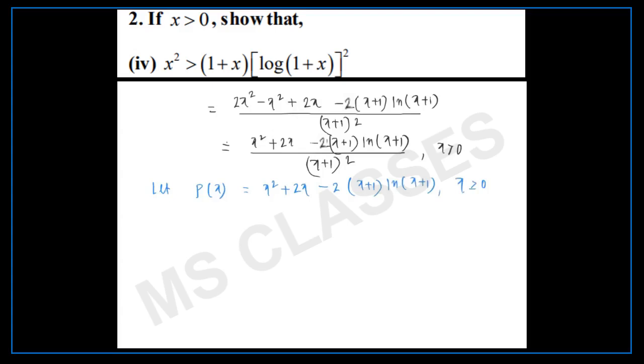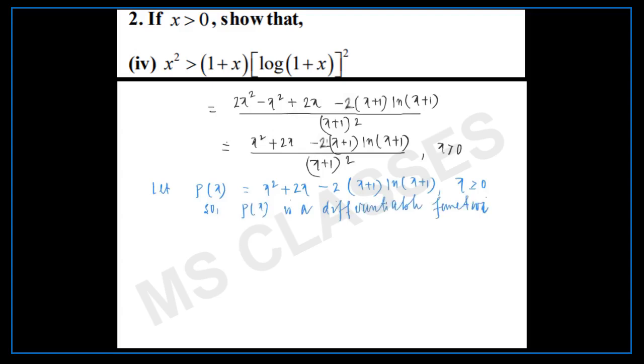Now it is a sum of a quadratic polynomial and a product of a linear and logarithm function, so p(x) must be a differentiable function.